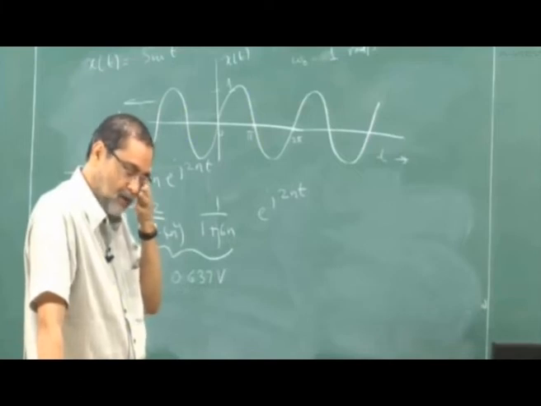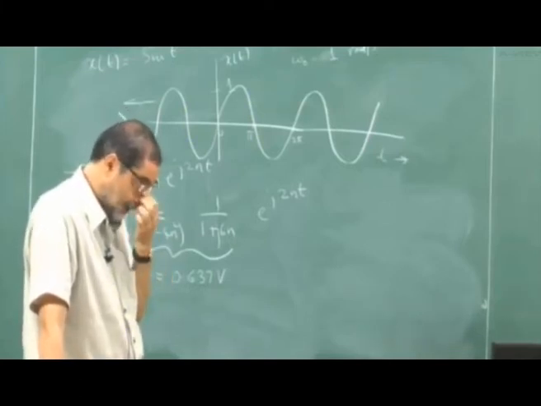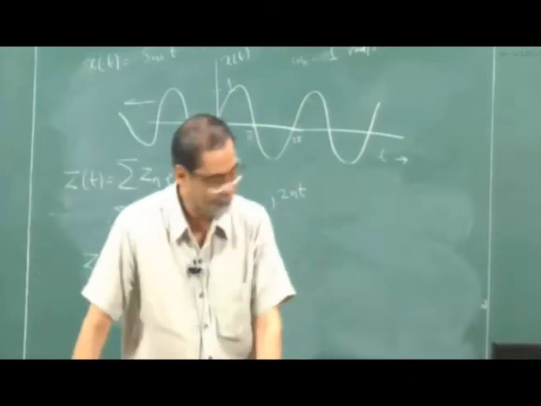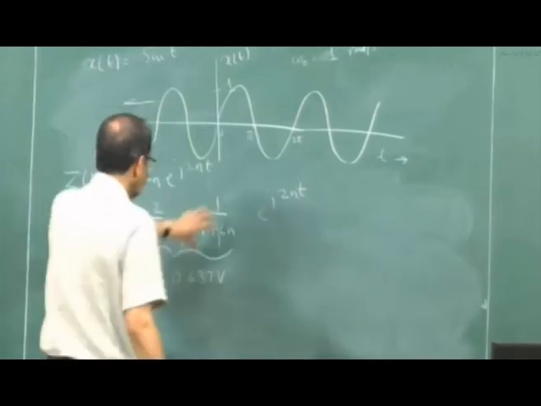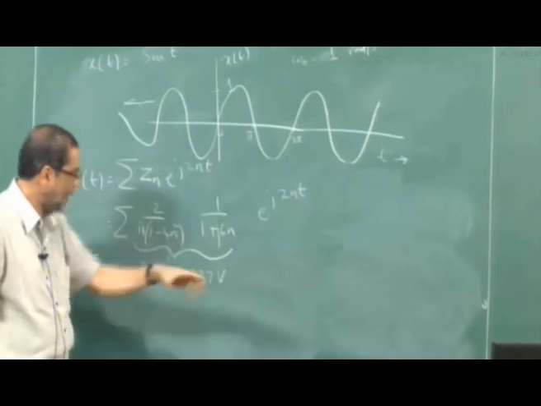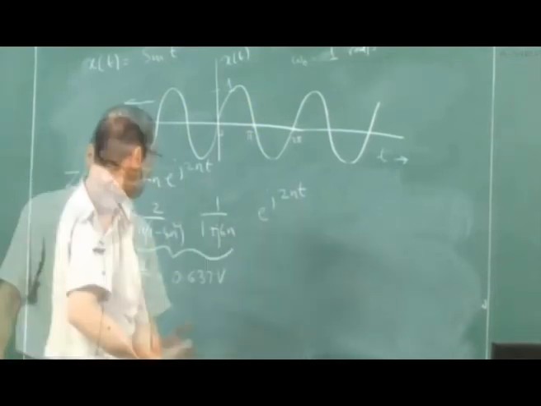So think of RC as a low pass filter that will filter out all the higher frequencies, so the ripples will be reduced. This is the additional factor, so this will weigh these coefficients by an additional factor, so the ripples will be less. How do I calculate the power?